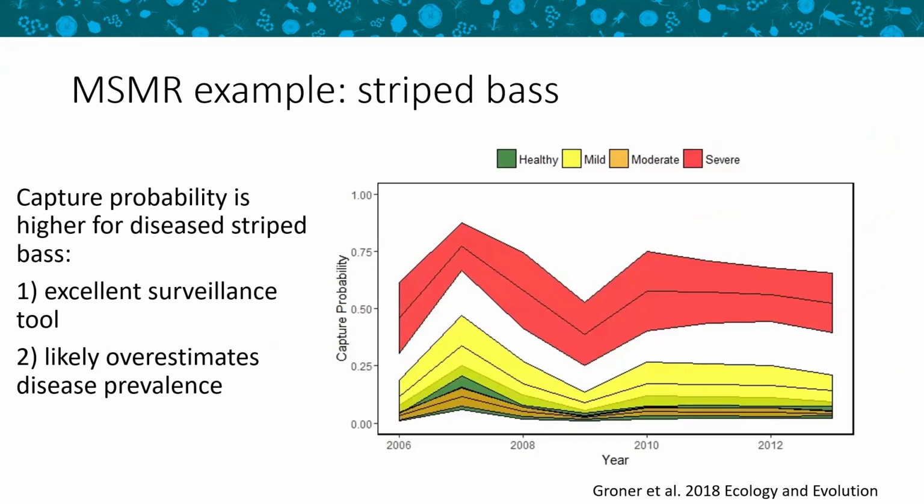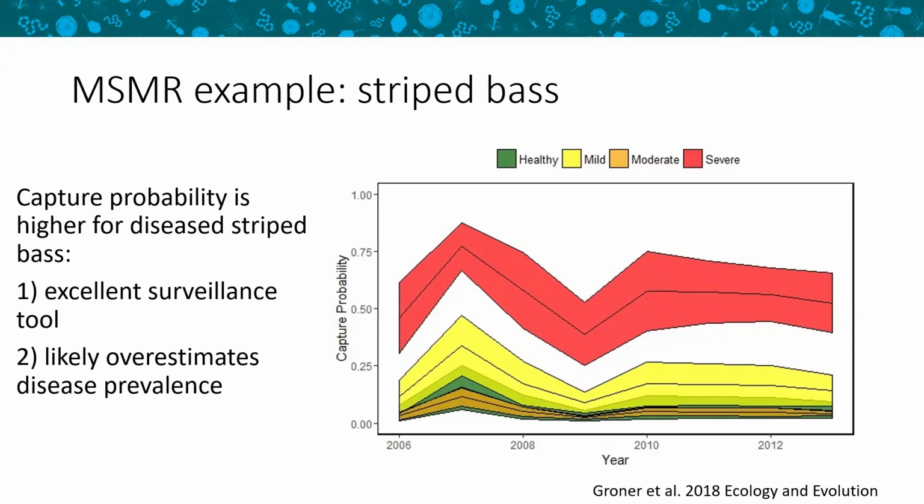And then the other interesting thing we found was that the capture probability, so the likelihood that a fish would end up in the gill nets that were used to catch them, was incredibly high for the diseased striped bass. It was about 8 times higher than it was for a healthy striped bass, which means that as a surveillance tool, this is fantastic.